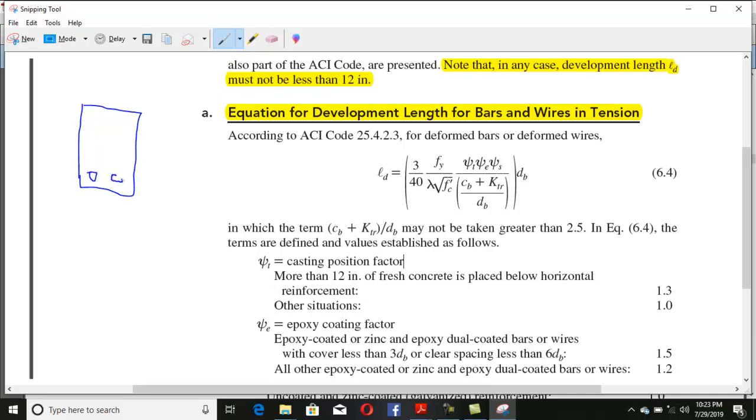This is bottom reinforcement. The ACI code says that if there is less than 12 inches of concrete depth below the bars, the situation is different. If there is 12 inches of depth, then water from the upper surface and air accumulate under the reinforcement, and that decreases the bond stress.